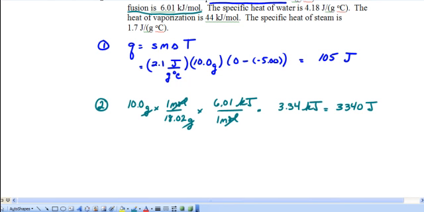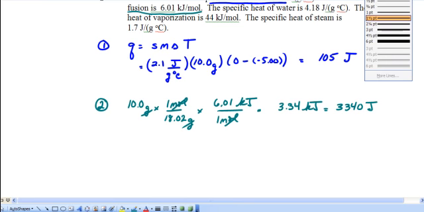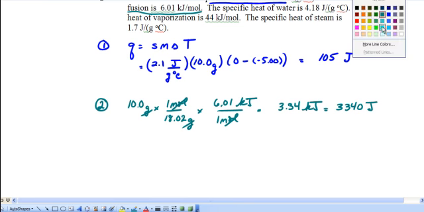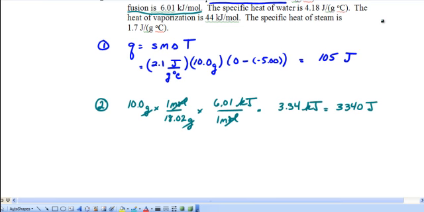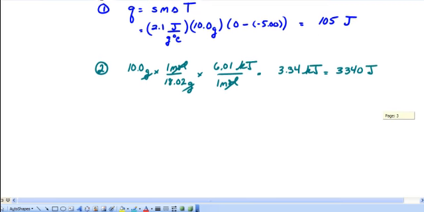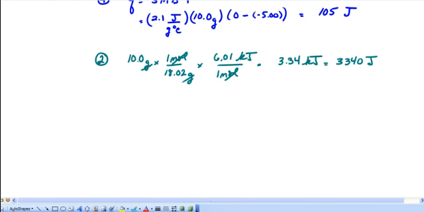So we have now raised the ice up to 0 degrees Celsius and melted it. Now it's water at 0 degrees Celsius, and we've got to bring that up to the boiling temperature, which is 100 degrees.